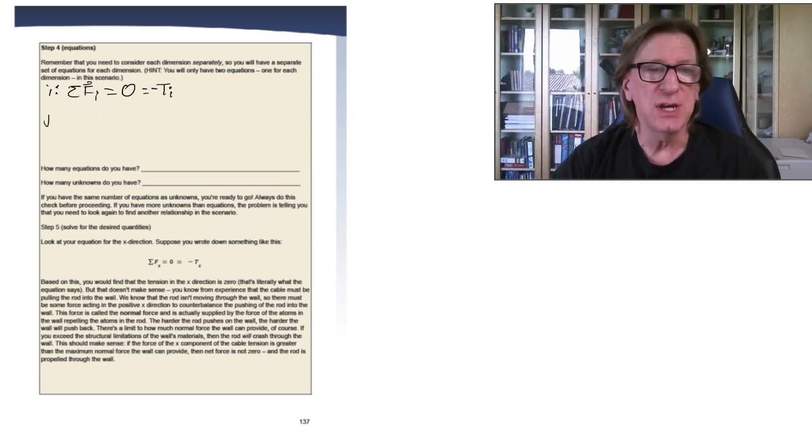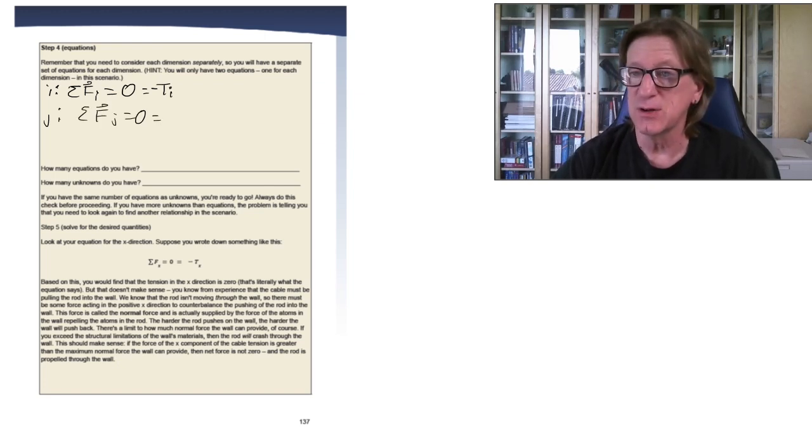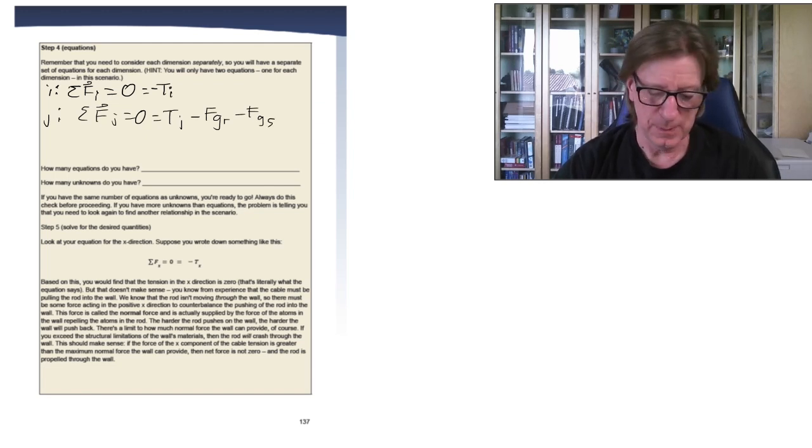Now in the j direction, we need the same thing. The sum of our forces in the j direction must equal 0, so let's write down all of those. Well, going in the positive j direction, the only one that we have is going to be Tj. And then I've got minus F_g rod minus F_g sign. So there we go.